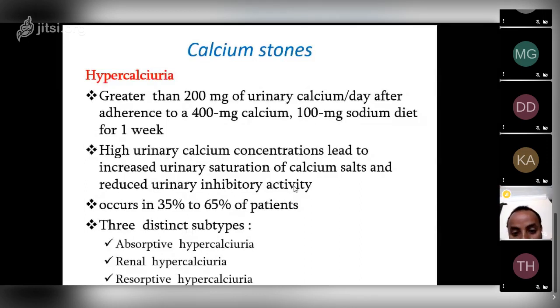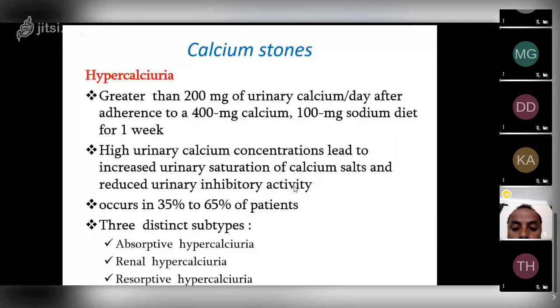High urinary calcium concentration leads to increased urinary saturation of calcium salts and reduced urinary inhibitor activities. It occurs in 35% to 65% of patients. So hypercalciuria is a common cause of calcium stone formation.